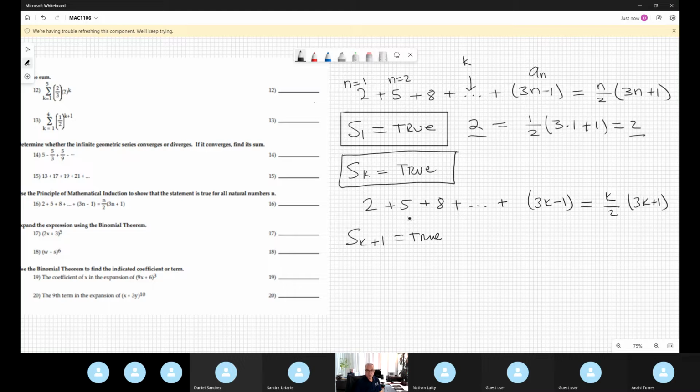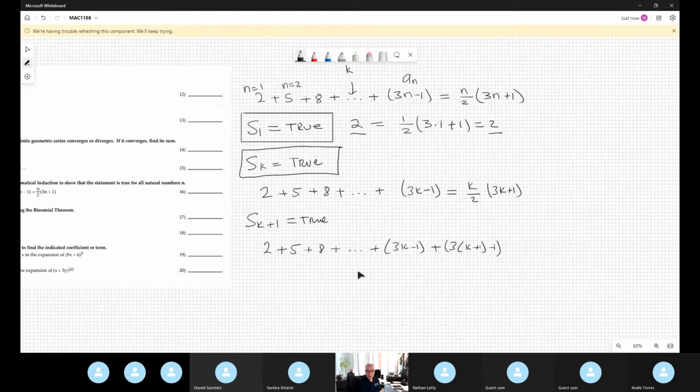So what do you simulate for k plus 1? Well, it's the next. So 2 plus 5 plus 8 plus ... plus, I bring down this 3k minus 1. You include 1 extra, which is k plus 1. So you replace mentally k with k plus 1. Then 3 times k plus 1 minus 1. This is on the left hand side. And the right hand side is similar.